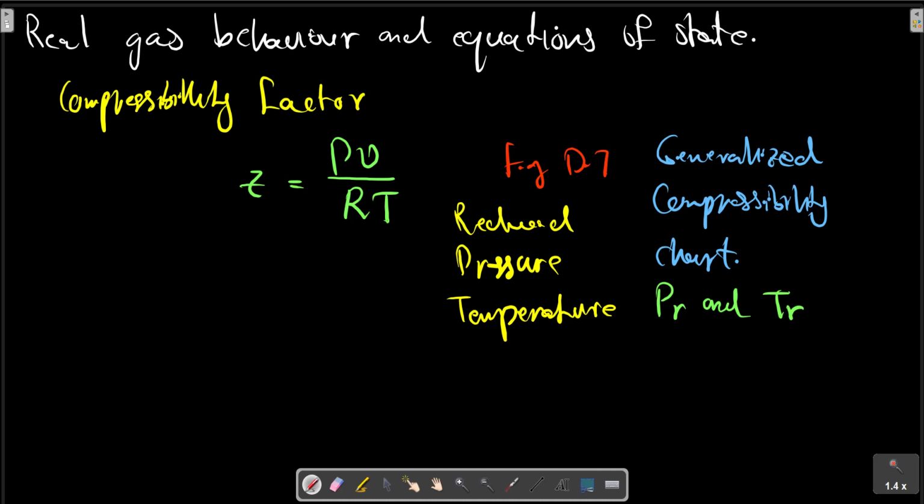In this sense, the generalized compressibility chart can be viewed as one aspect of generalized behavior of substances, and also as a graphical form of equation of state representing real behavior of gases and liquids over a broad range of variables.